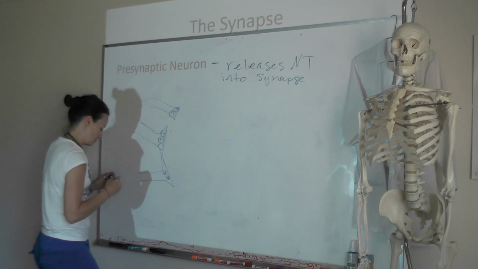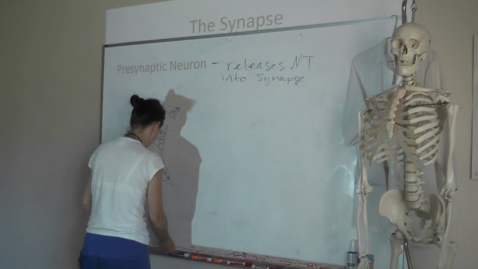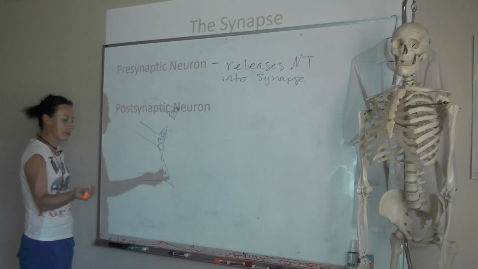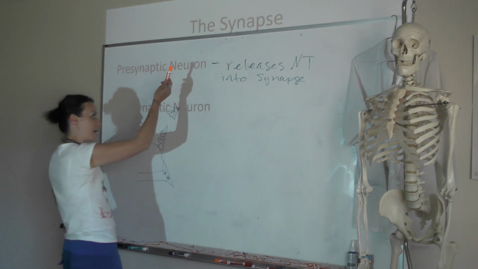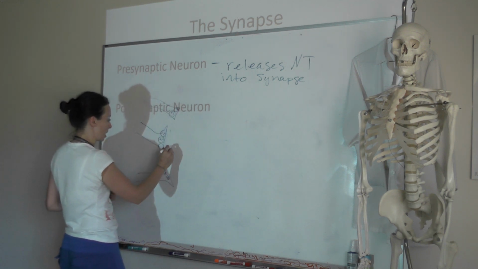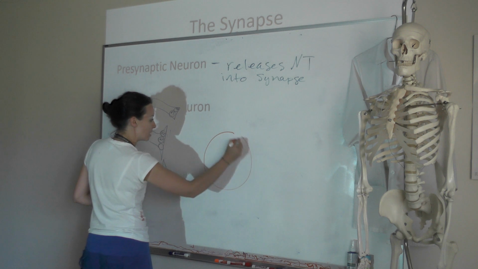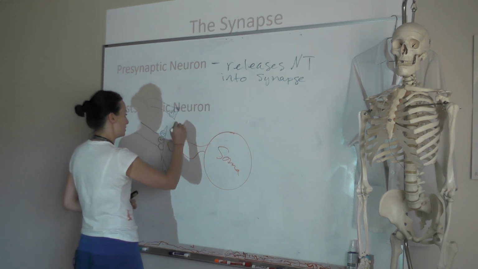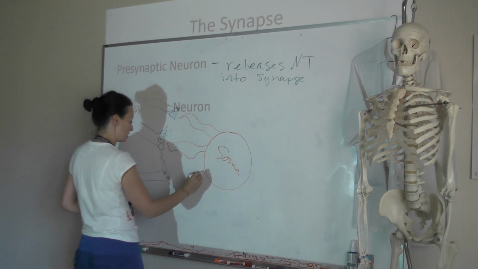The postsynaptic neuron is on the other side of the synapse. Is it really on the other side of the synapse, or is it part of the synapse? It's part of the synapse, but these are all neurons we're talking about. So our postsynaptic neuron, here's its soma, or its cell body, and here are its dendrites. So this is the receptive segment.